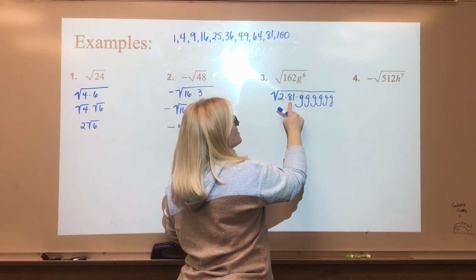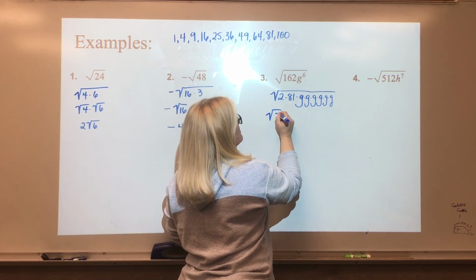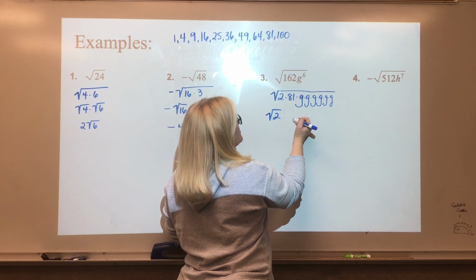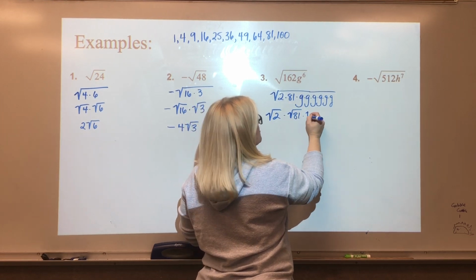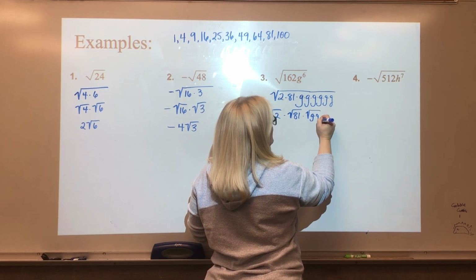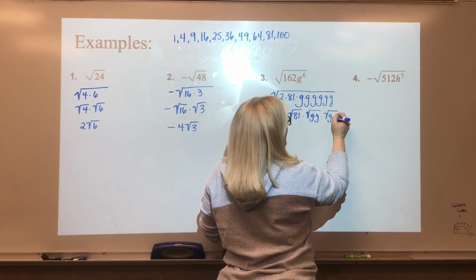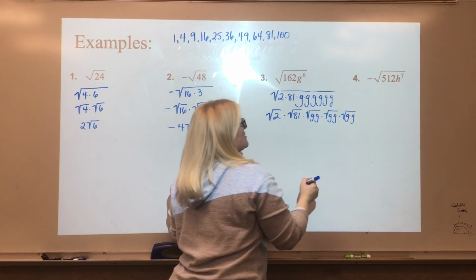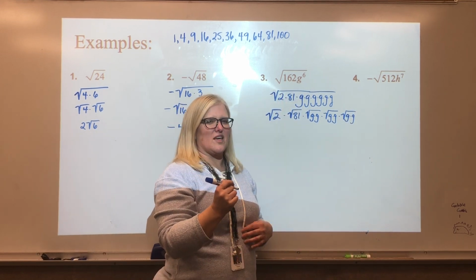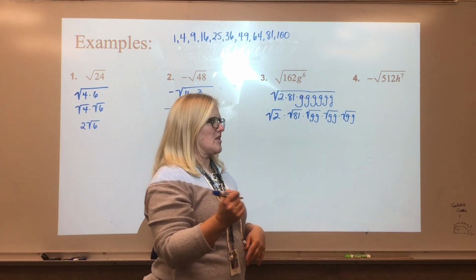Because this is like 2 9s. So this is the square root of 2 times the square root of 81 times the square root of g times g times the square root of g times g times the square root of g times g. This is probably really confusing. I hope not. I'll do the next one a little differently.